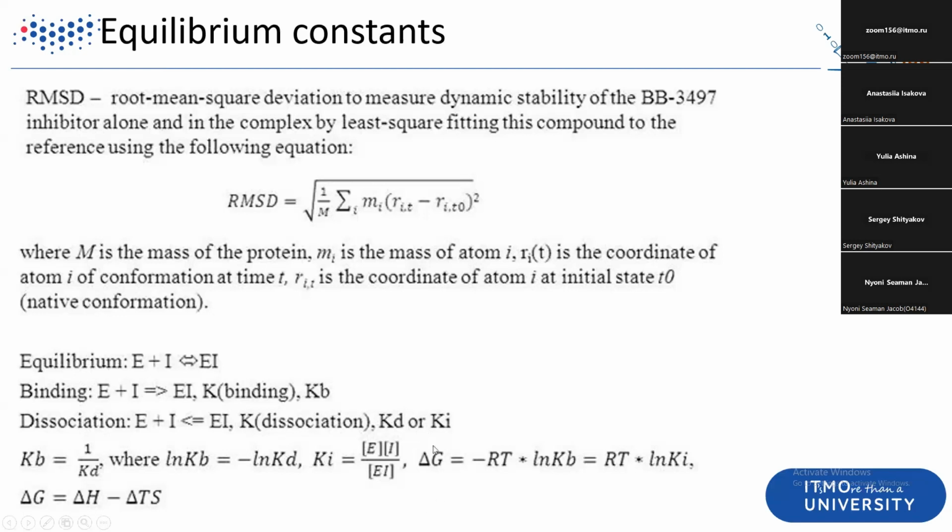The binding energy is calculated by using the standard equation, either using the binding constant or using the inhibition constant. From this equation, you could also derive the enthalpy-entropy compensation as a difference between enthalpy and entropy.